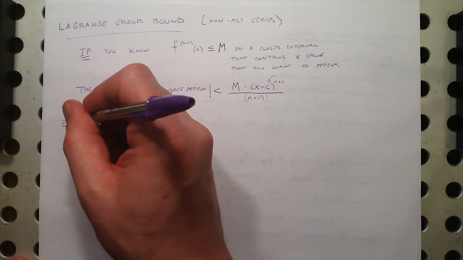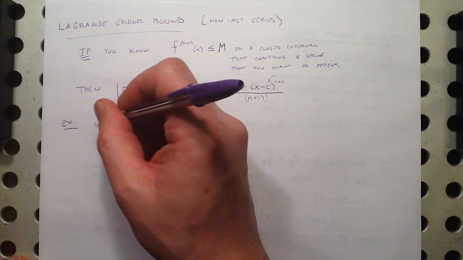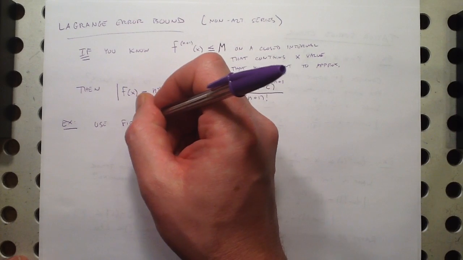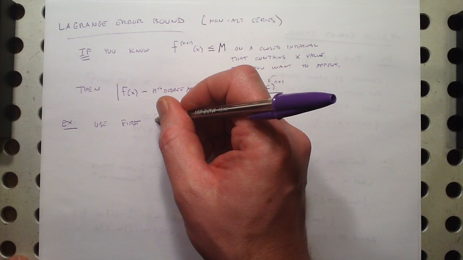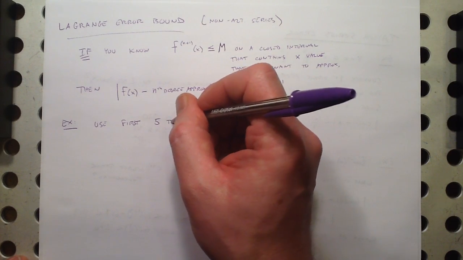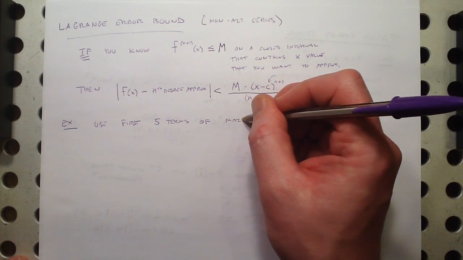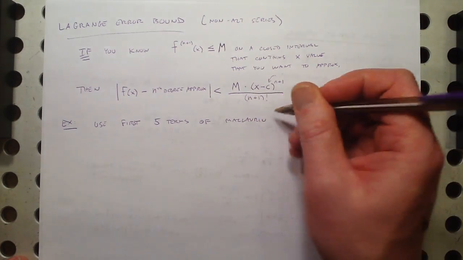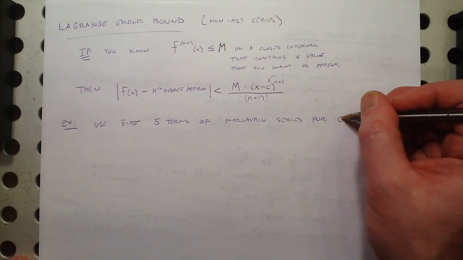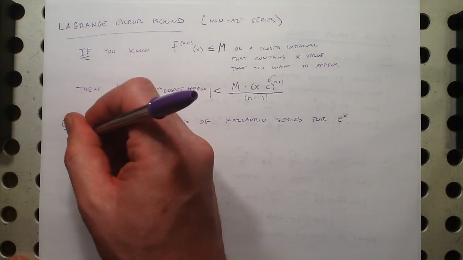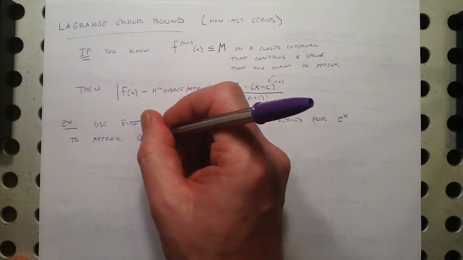So, example. Use the first, let's say, 5 terms of the Maclaurin series, means centered at 0, for e to the x to approximate e.